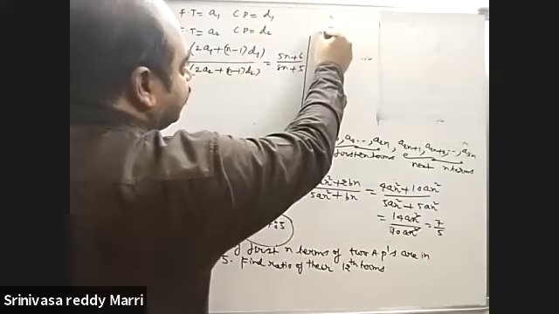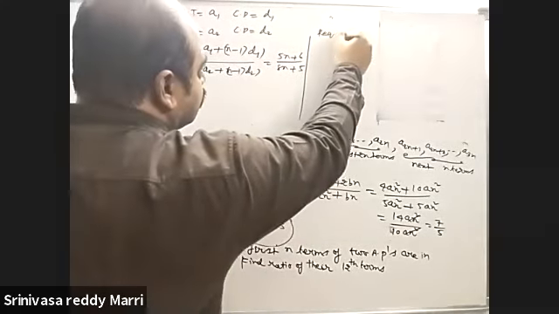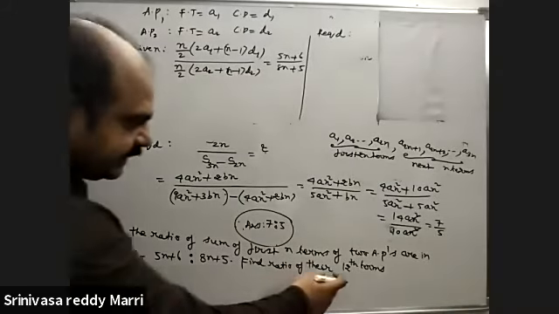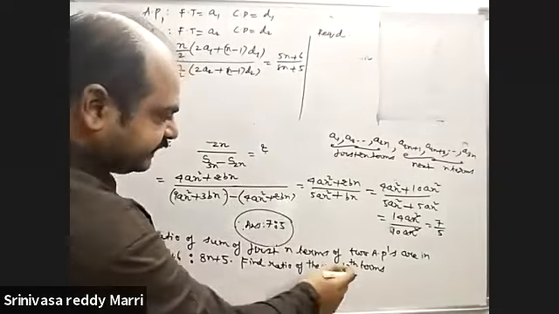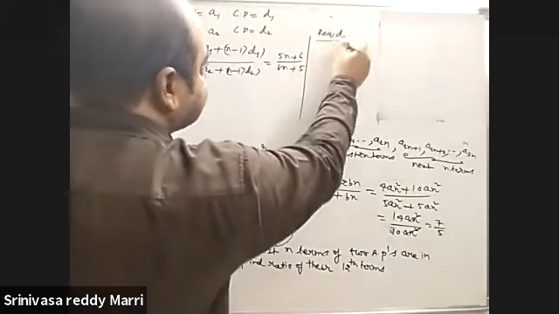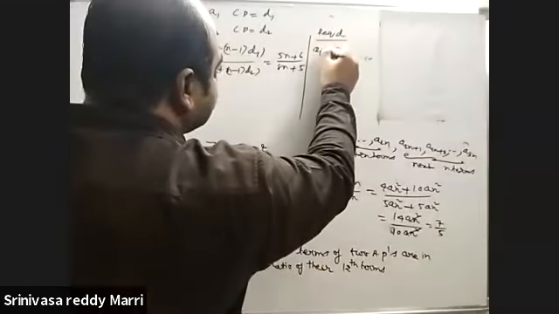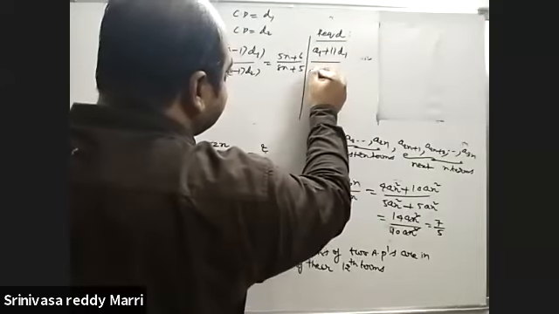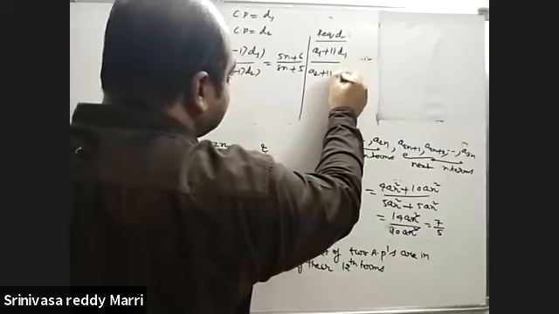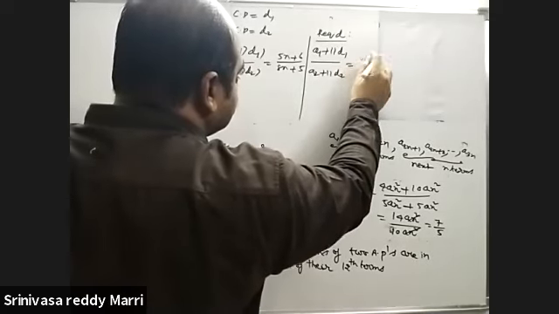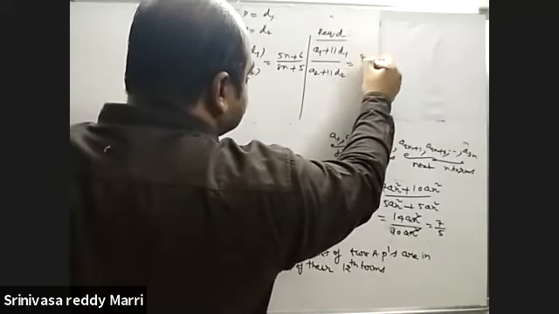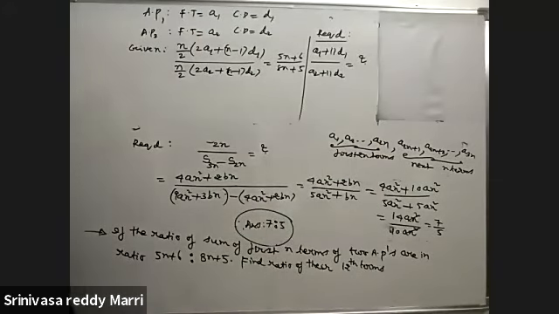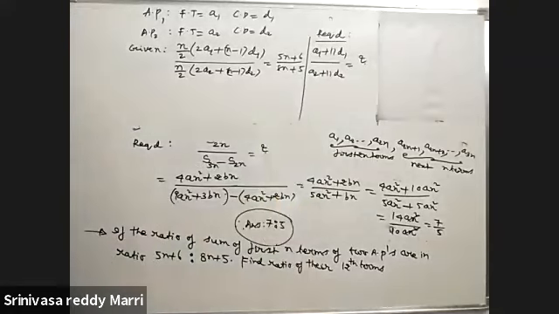Look at what is required. Required means T12, the ratio of the 12th terms. The 12th term in the first AP is A1 plus 11 D1, and the 12th term in the second AP is A2 plus 11 D2.